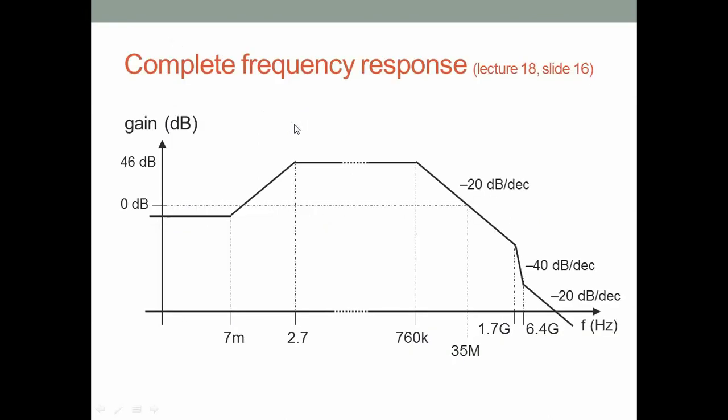Okay, so this is a plot from lecture 18, the complete frequency response of our common emitter amplifier. The point I want to make is, if I want to find the upper cutoff frequency of an amplifier, that is this, the upper cutoff frequency. So in the high frequency analysis, this is the lowest of all frequencies. So I'm trying to find p1. If I have p1, p2, p3, p4, I'm trying to find p1.